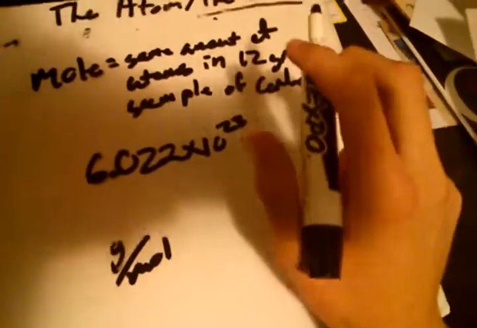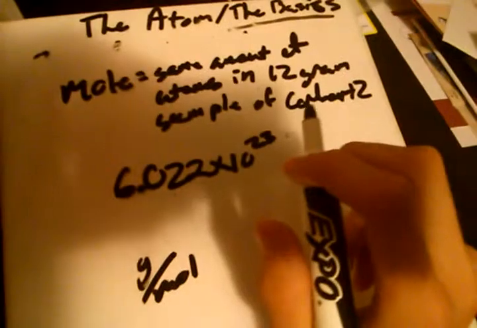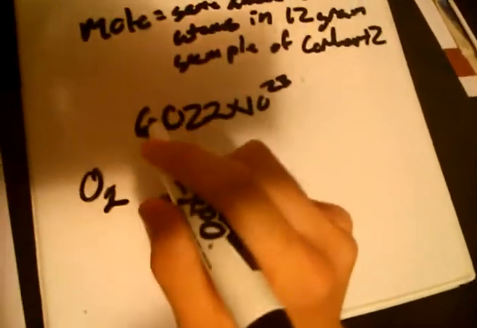So if you look at the periodic table, the masses of the elements are actually their molar masses. Let's take oxygen as an example, O2, because it's a diatomic molecule.